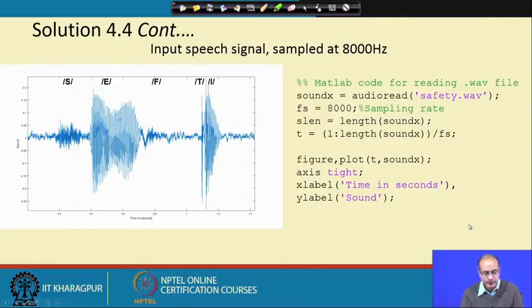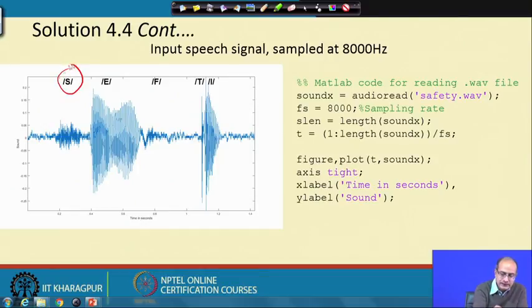So, here is the plot we get. Here we should note one point: we have also shown the different phonemes that are uttered. First is S. Before that, this part is background noise. Then in safety, S is a consonant, then a phoneme E sound.